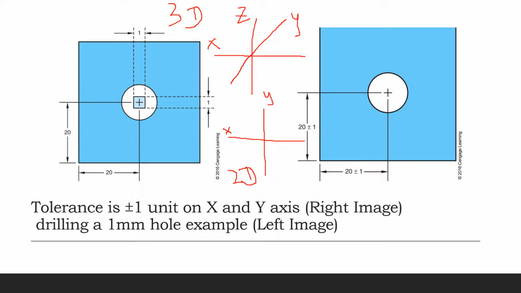Try to get that. So again, you can have plus or minus 1 unit on the x and y axis. So just this, okay. So here is plus or minus 1 for y, and here is plus or minus 1 for x.